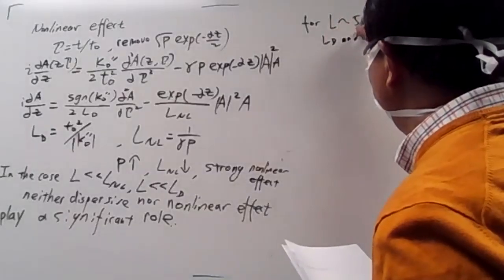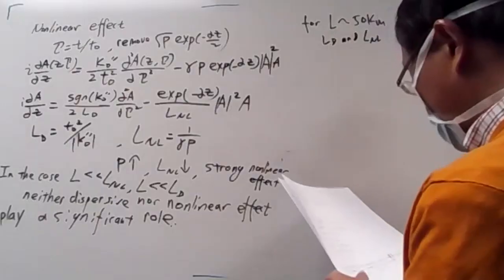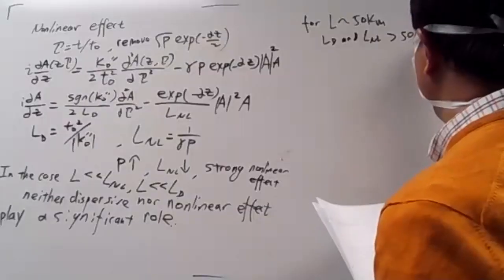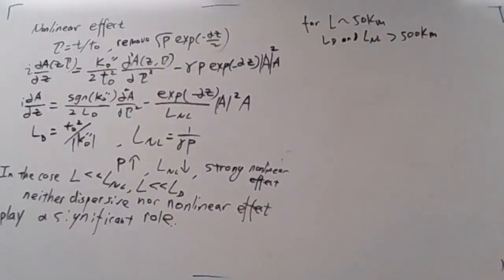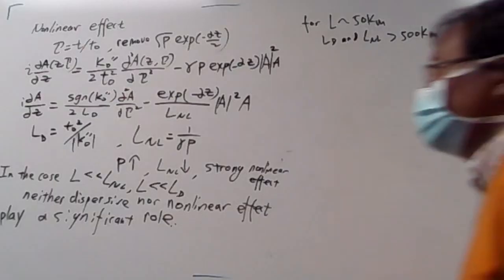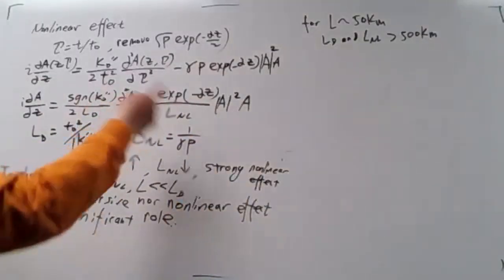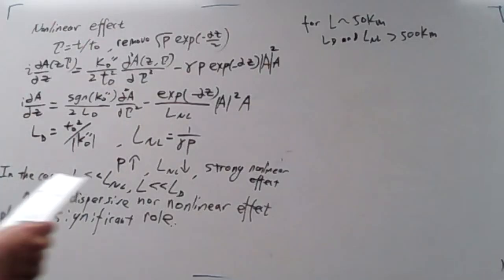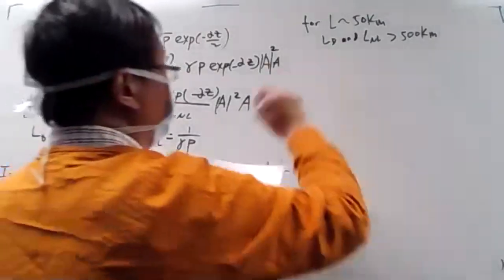LD and the nonlinear length will be larger than 500 kilometers, 10 times larger, in order to change. So here the effect should be 10 times smaller, and the pulse change is relatively small, for dispersion-free transmission.